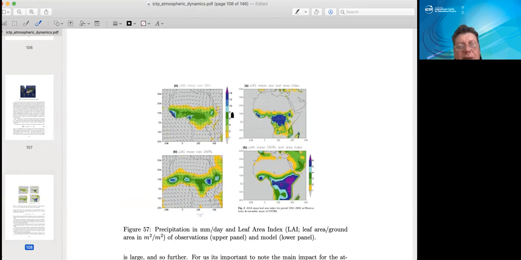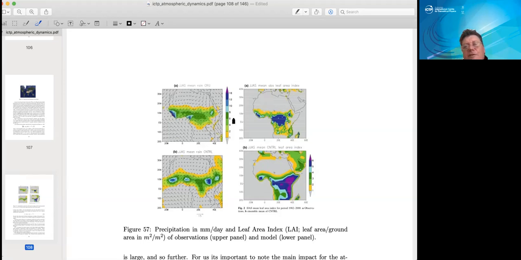Green colors indicate large rainfall, and then yellow and gray go to 0. Then you will see again, as we were thinking already, this region that is between about 10 and 20 degrees is this transition region between the large rainfall amounts in the inner tropics and the very dry desert region.